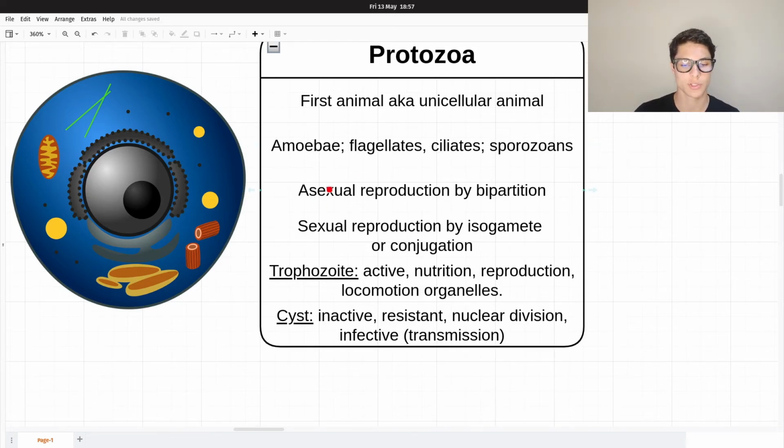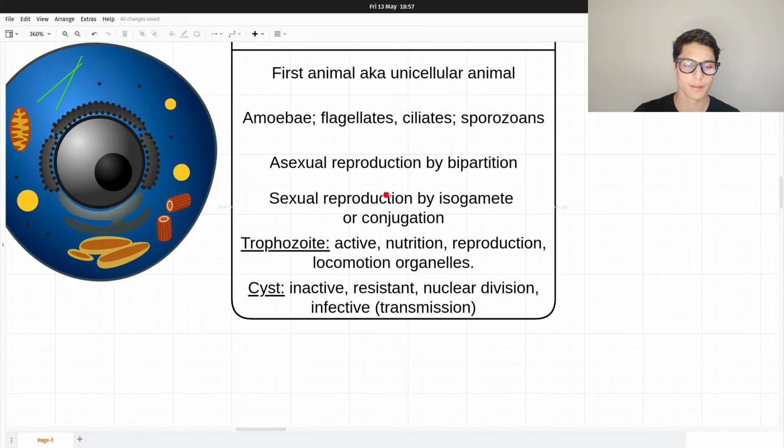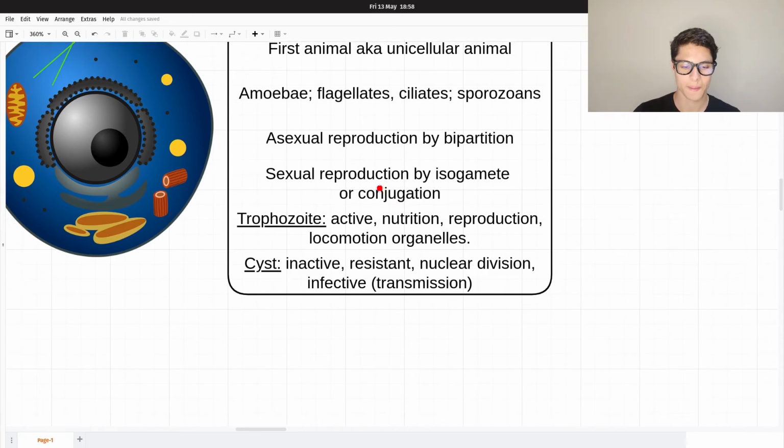One is asexual, and they use bipartition, like a cell we study in biology, bipartition. And then they can also reproduce sexually by isogamete or conjugation. They differentiate in male and female, and then they create an embryonated egg that will eventually create new individuals.